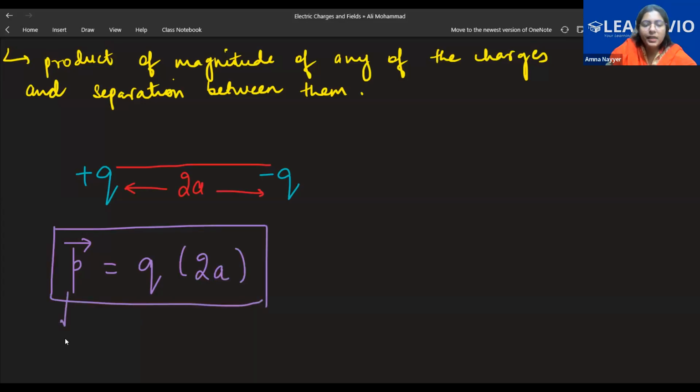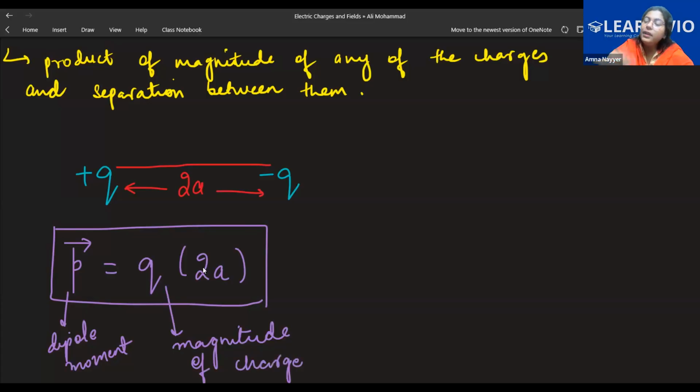P means the dipole moment. Q is the magnitude of charge. And see, 2a is not double the distance. 2a is just the separation between the charges. If the separation says 3 meters, your 2a will be 3 meters.